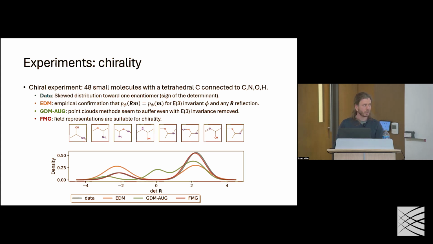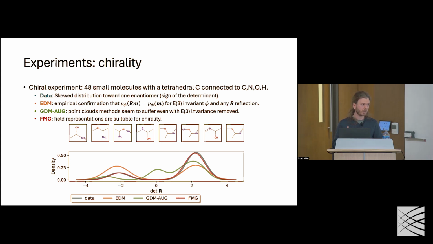Then we actually, surprisingly, look at GDM-AUG, which is a non-invariant point cloud method, and it seems that point cloud methods still seem to suffer on a chiral data set. So even though now clearly the model distinguishes the two enantiomers, there's some difference in the generated distribution for one of the enantiomers. The left one has fewer, which is correct, and the right one has more generated molecules.